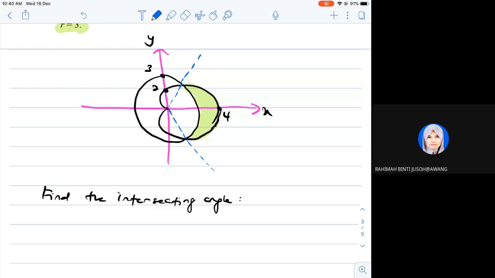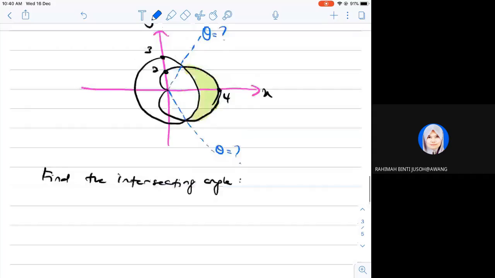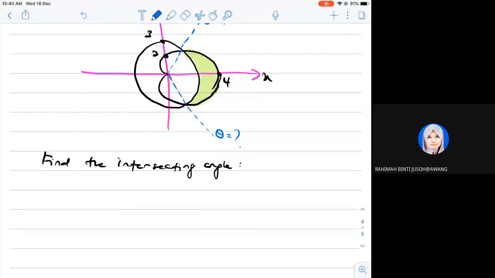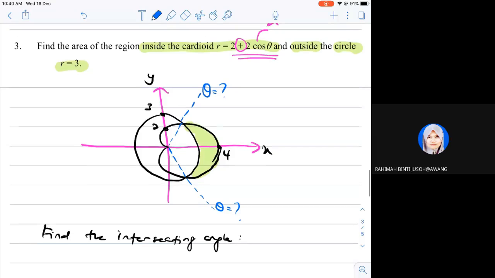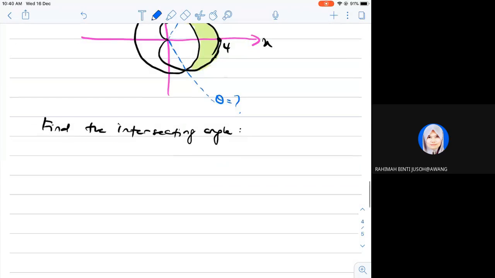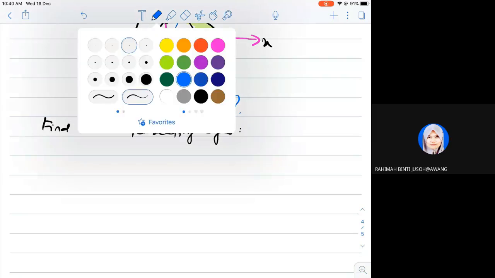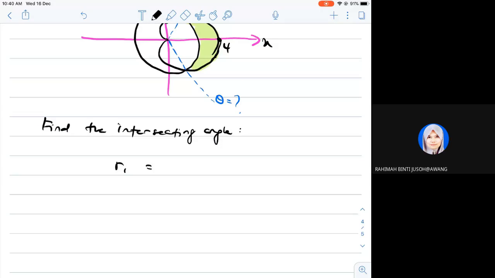In my YouTube video I also mentioned how to find the intersecting angle. So you need to find what's the angle here and what's the angle here. How do we find the intersecting angle, guys? We need to equate both of these R. We have two R. This is the first R, this is the second R. So R1 equals R2.